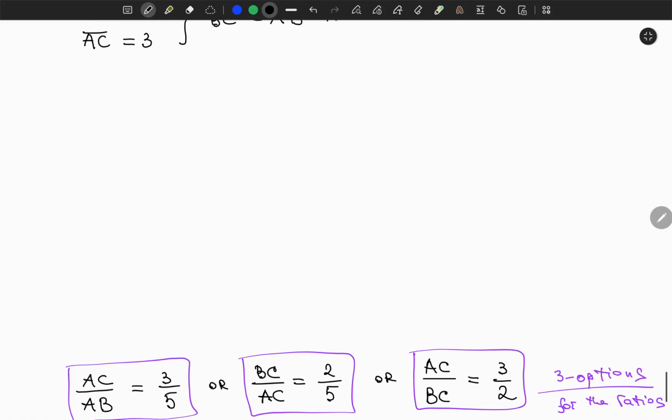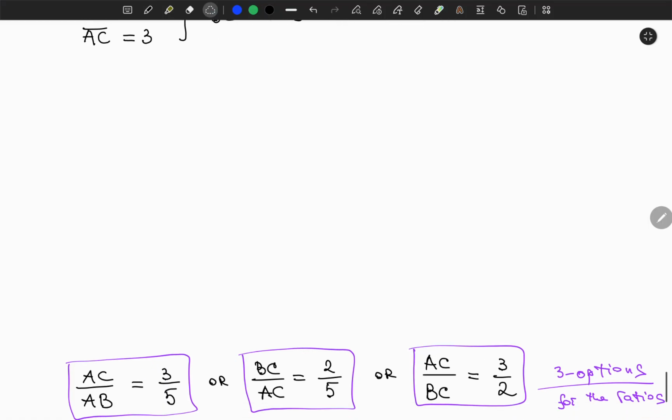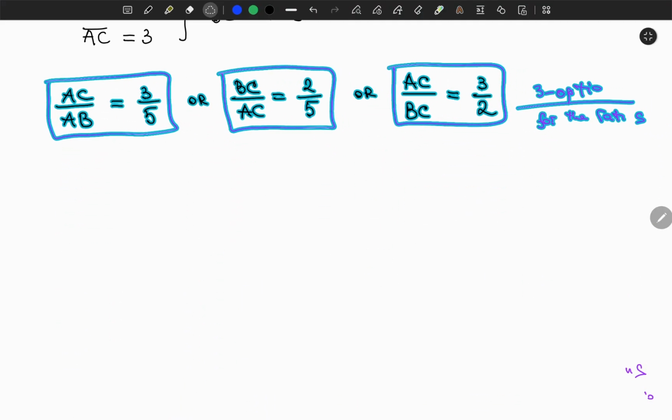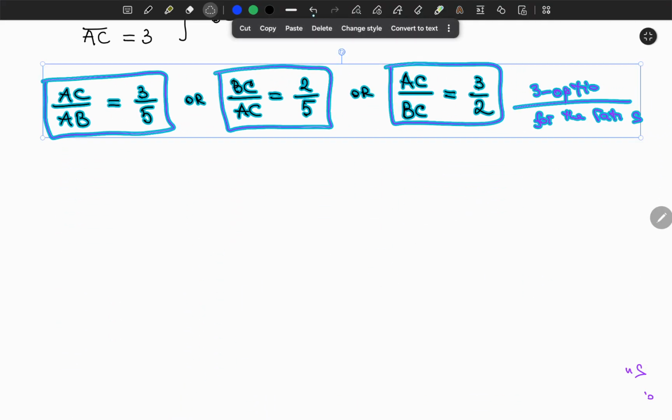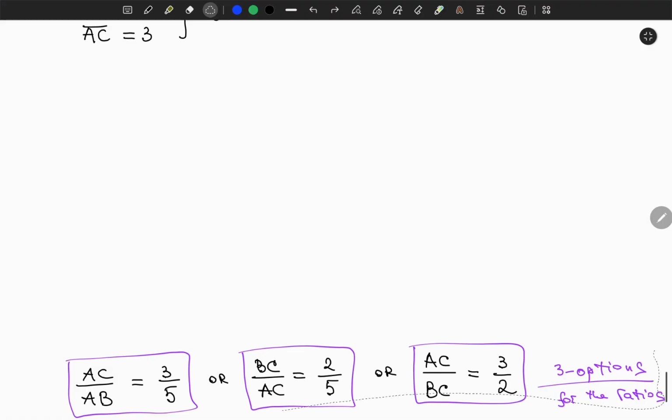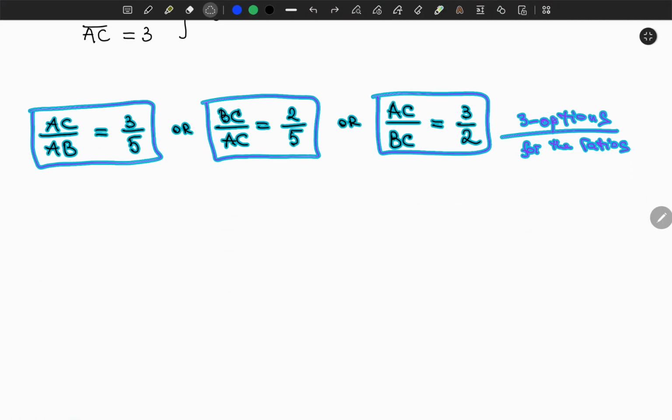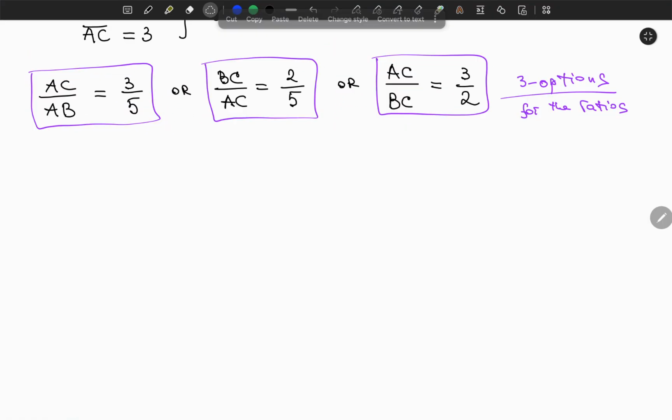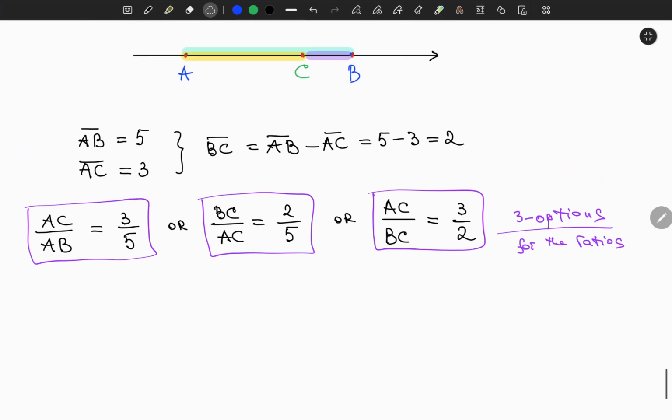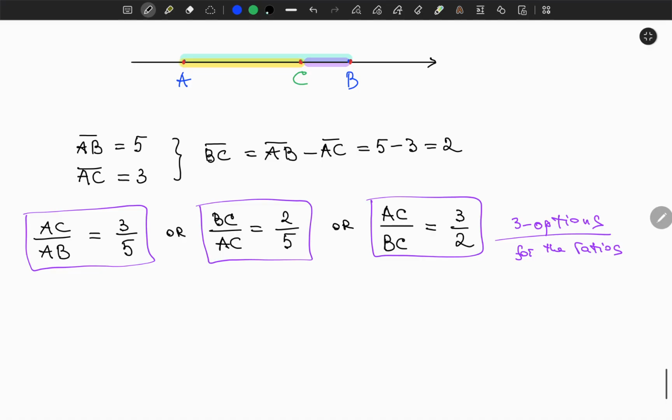So three options are possible for the ratios. Within these three options, we can work a little bit.